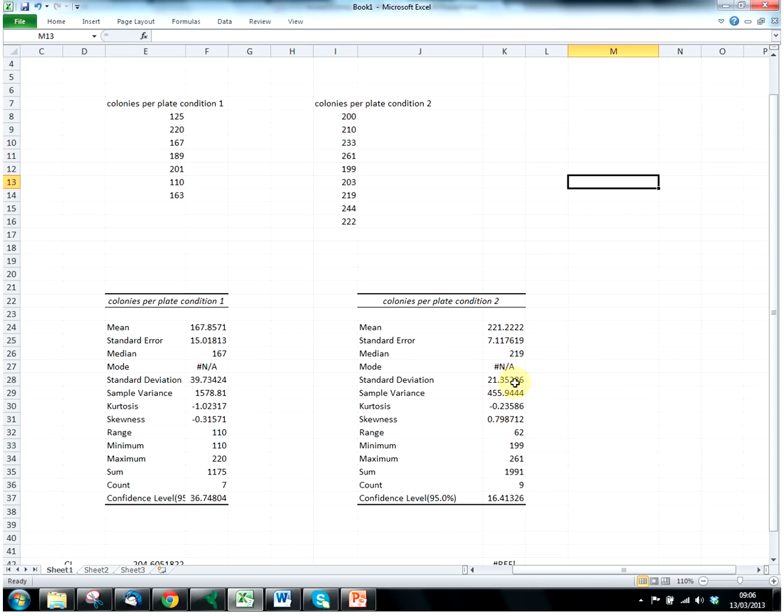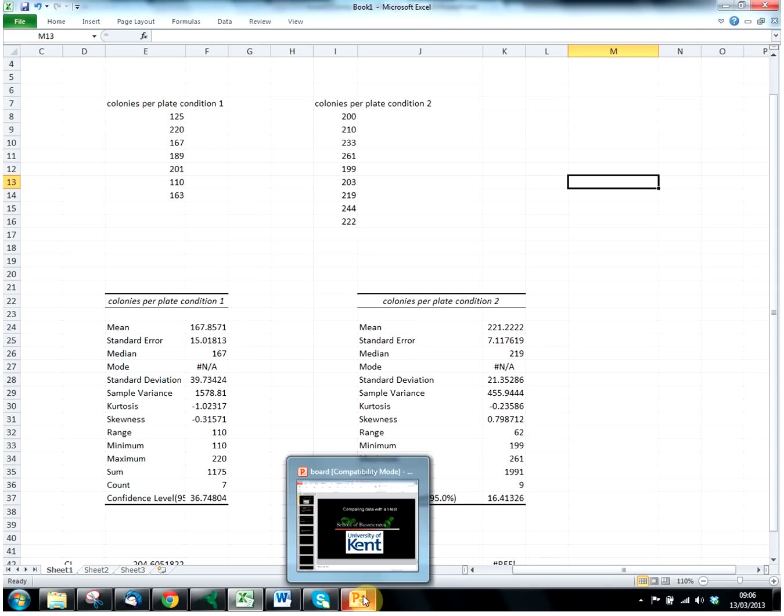And of course I now want to compare these two conditions and say, is there a significant difference between condition 1 and condition 2? Or are these different means just simply due to sampling error?